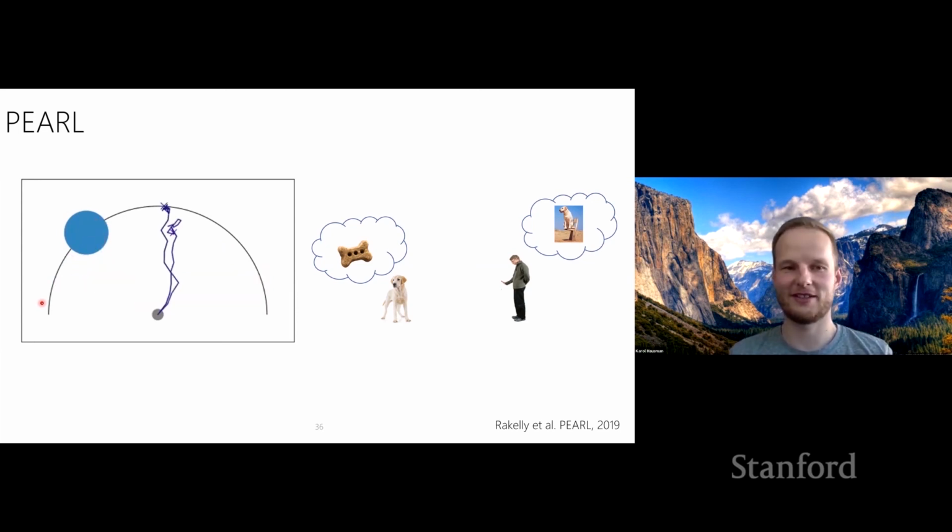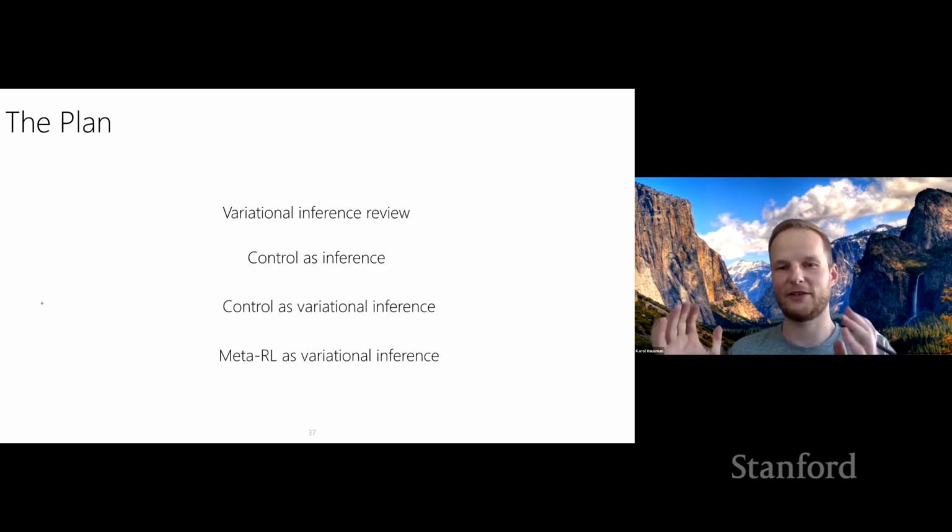And there are other papers that do it differently. Yeah, so it's important to keep that in mind. Right, cool. So that summarizes the lecture where we learned a lot about variational inference. Then we presented the framework that allows us to phrase a control or reinforcement learning problem as an inference problem.